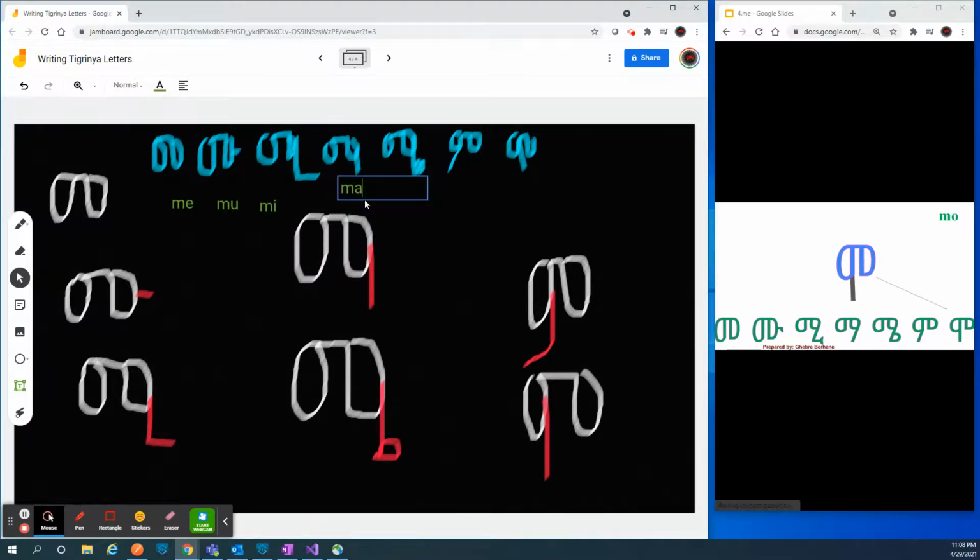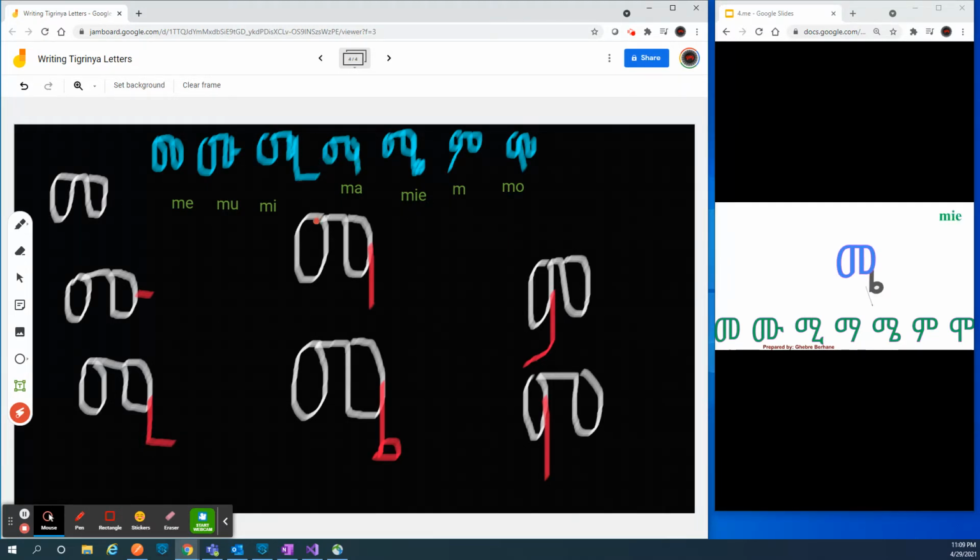This is ma, me, me here, me, and finally mo. Okay, so adding these vowels here, like a, e, me, you, mu, mi, ma, me, mo. Okay, so this is all about me.